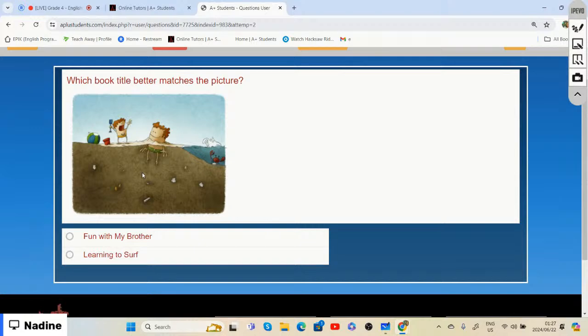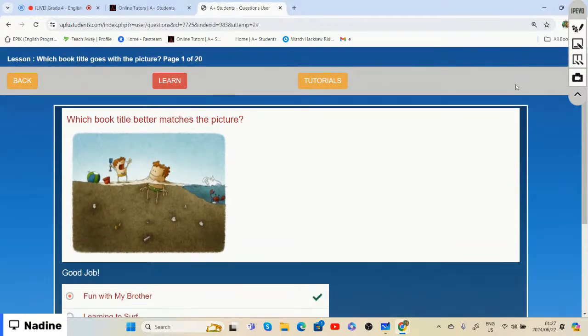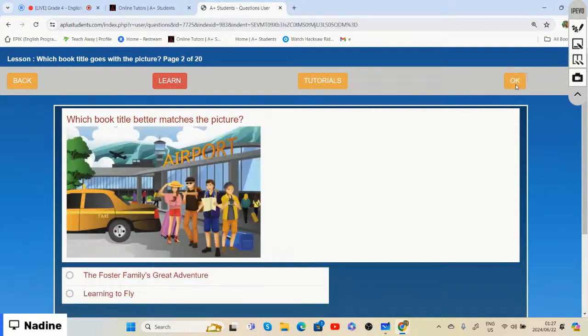All right, and if we look at the picture, right, we can say it's option one. Yeah, so Fun with My Brother, because him and the brother are having good fun, right? Nobody is learning to surf. So Fun with My Brother. So well done. Option one is correct.